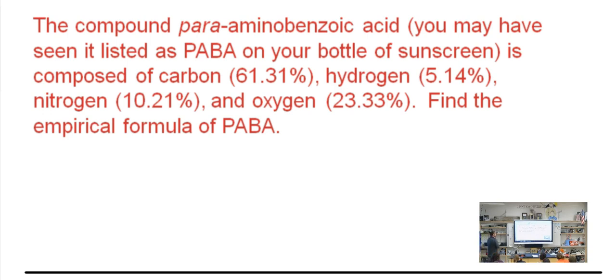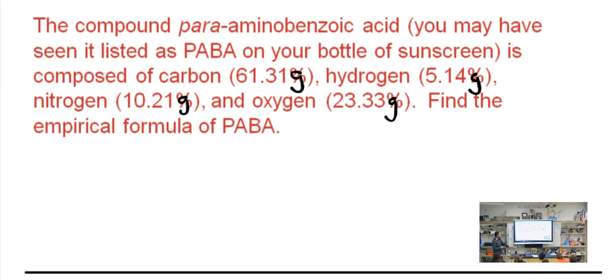We first assume it's 100 grams. So that really just converts all these percents to grams, right? If I was writing a step-by-step thing, I would just write change percent to grams. That would be my first step. Now, I'm going to do this in a big, long vertical slide. However you do it in your notes is up to you, but make sure you understand what we're doing each time.